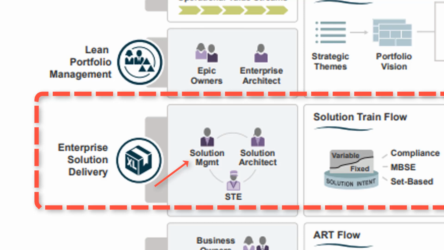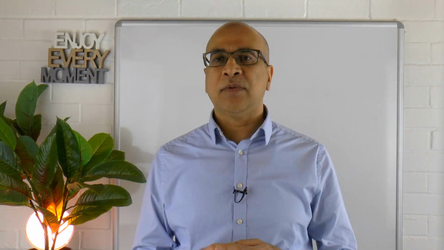Where is it we're going? And then you have the solution train engineer that's going to be coaching and facilitating the how we get to that direction as well. Again, similar to the way in which we have a system architect at the Agile Release Train level, we have a solution architect. And guess what? Yes, you guessed it. They are putting together the architecture for the solution train.